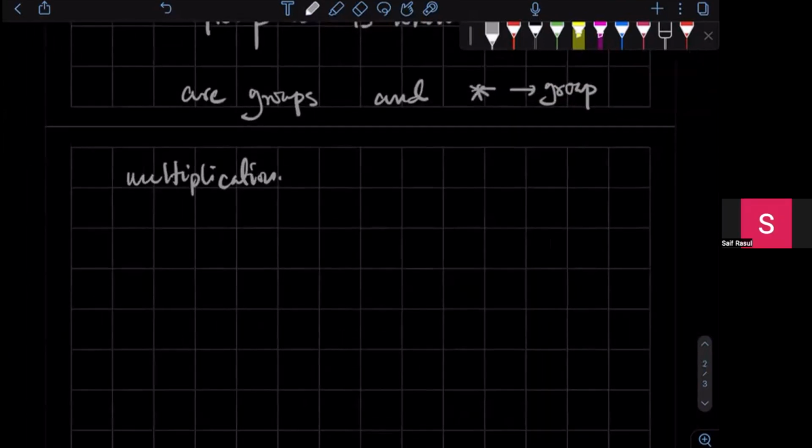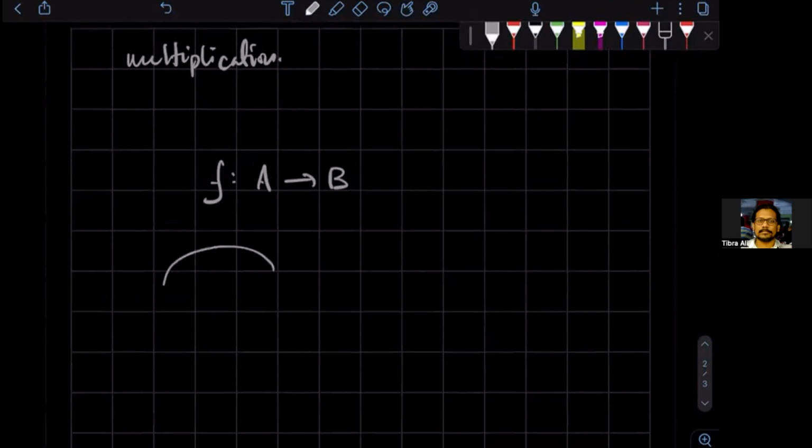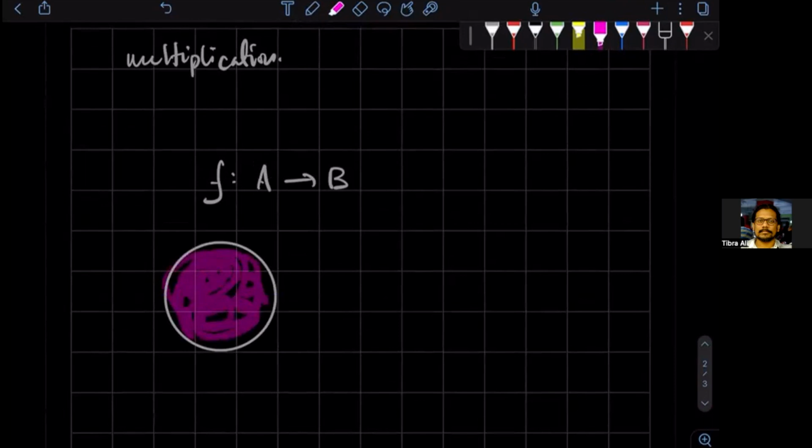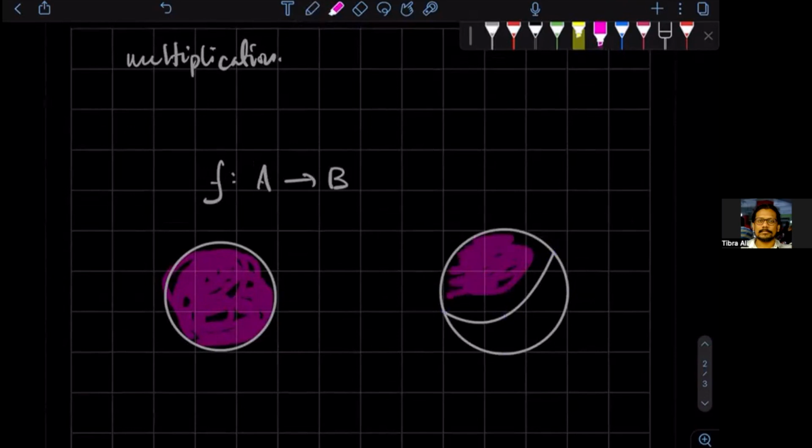Yes. So if you have a homomorphism from A to B, you start with A, so this is A, but the group homomorphism can be such that, so this is B, you only get a subset of B. So this is A, this is B, and this is your F. Now, what we know is that the whole of B is a group.